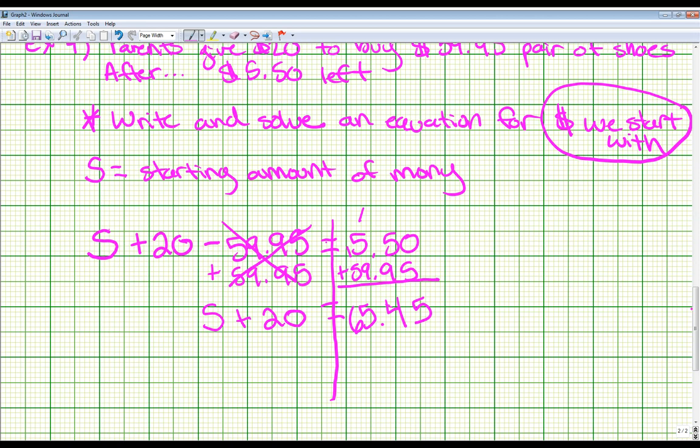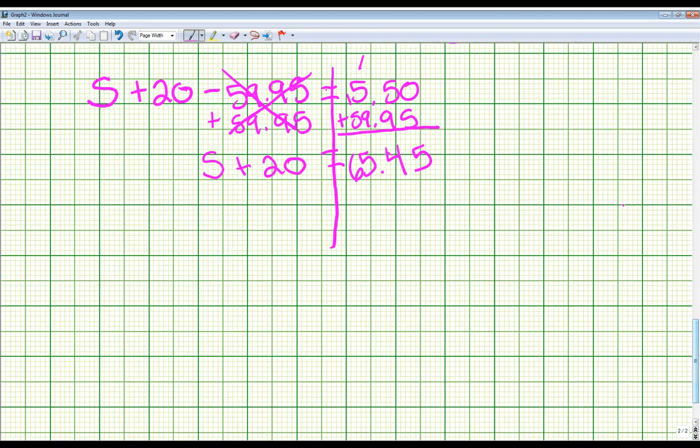So we aren't completely done yet. I don't just have an S on one side. What I do see here, though, is a plus 20. We can go ahead and continue solving this by doing the inverse of plus 20. A plus 20, we're going to undo that by subtracting 20. If we do it on the left, we have to do it on the right. And a plus 20 and minus 20 are inverse operations with the same number, so we cross those out.